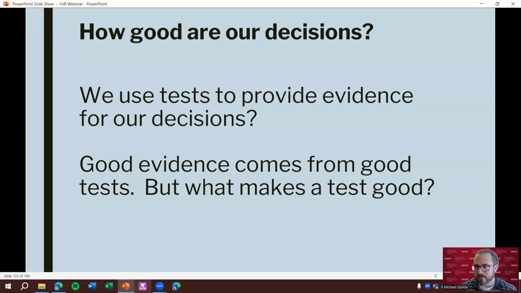So if I make a claim about a student and I say, this student struggles at decoding, and I'm sitting across from a parent or another teacher, they might say, oh, that student struggles at decoding? How do you know that? Well, the answer to how do I know that is often going to be some sort of assessment data, right?